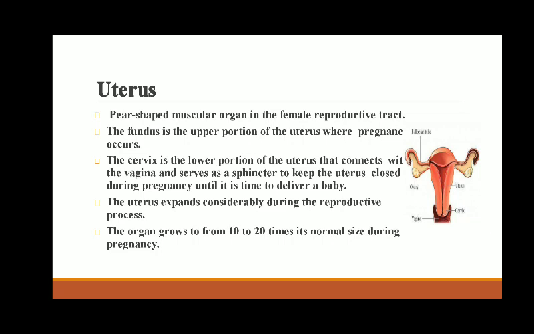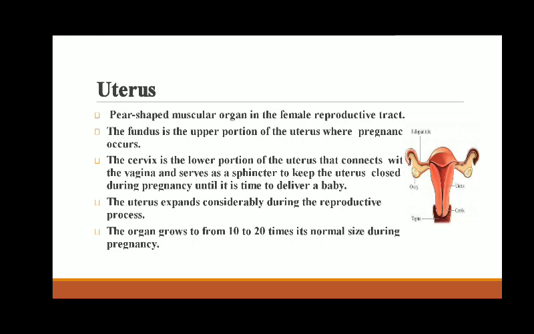Next one, uterus. It is a pear-shaped muscular organ in the female reproductive tract. The fundus is the upper portion of the uterus where pregnancy occurs.